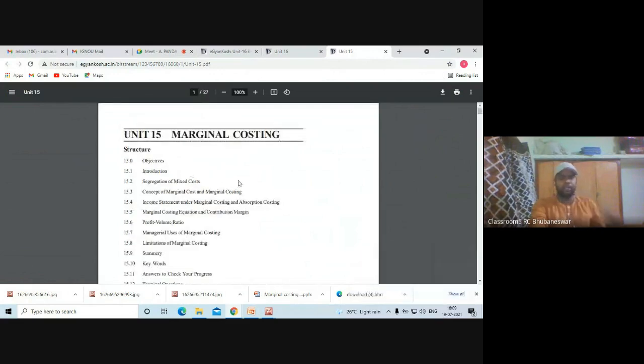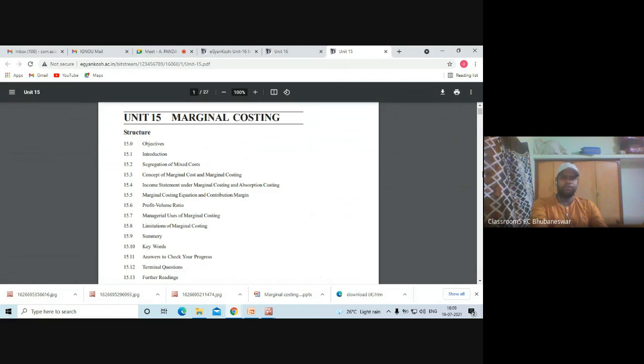So I am dictating that one. So these are out of your study material that I had picked. So here the segregation of mixed cost. Mixed cost means both fixed and variable cost. Its segregation is there in your syllabus in your unit 15. Then concept of marginal cost and marginal costing, we had read that one. Then income statement under marginal costing and absorption costing. So it is there, and let me show you that one.